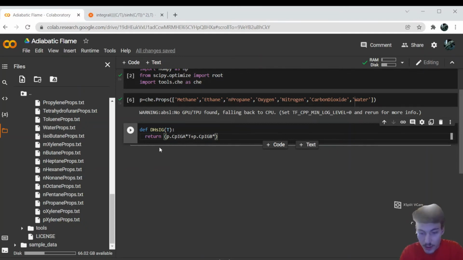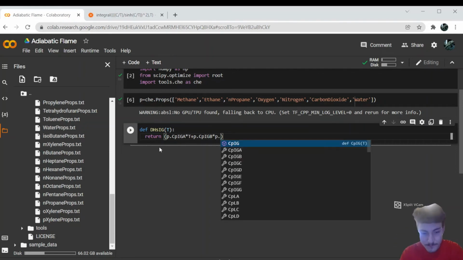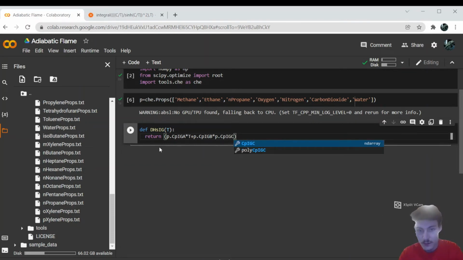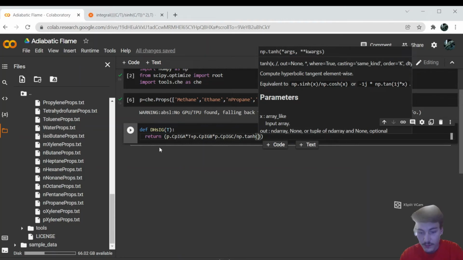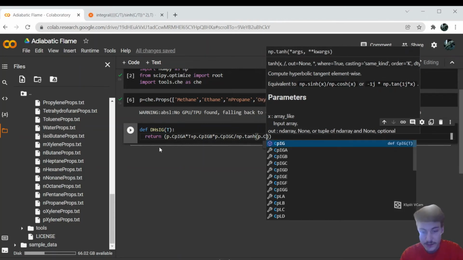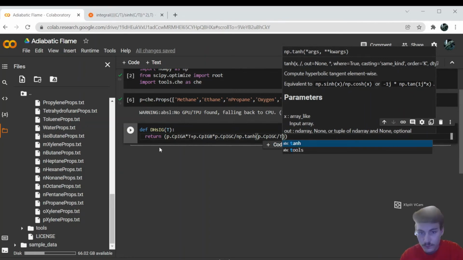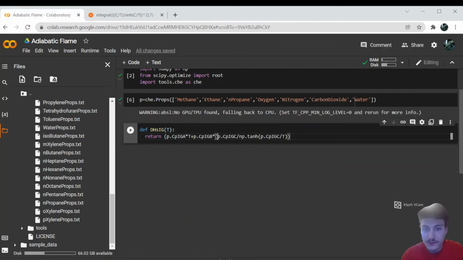So times P dot CPIG C divided by np dot tanh of the same thing, so P dot CPIG C over the temperature. I'm just going to put these in more parentheses to make sure it's right.